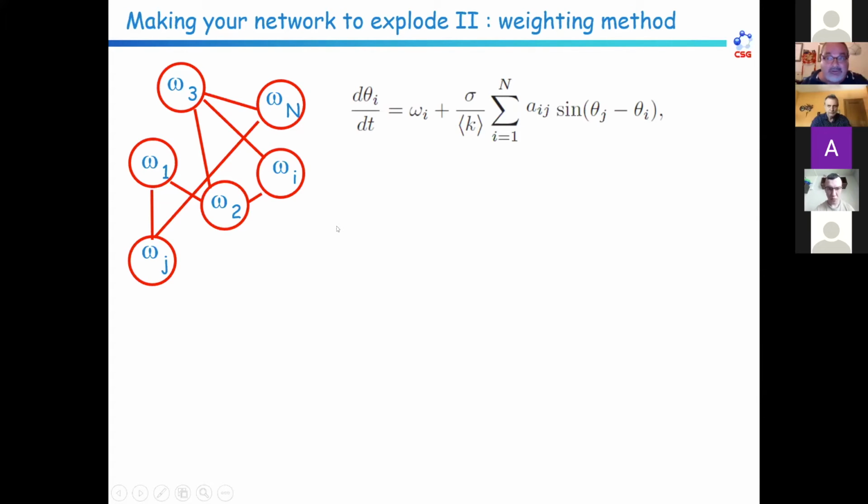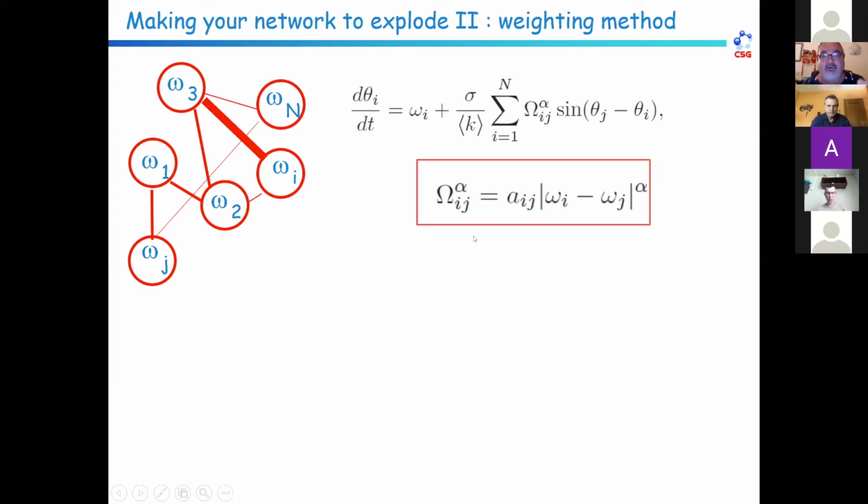And I want to demonstrate now that you can always find one distribution of weights such that for any initial frequency distribution and any initial network, your system is synchronizing explosively. So you do something very similar. You put a weight on the link ij which is proportional to the frequency difference to a given power alpha.